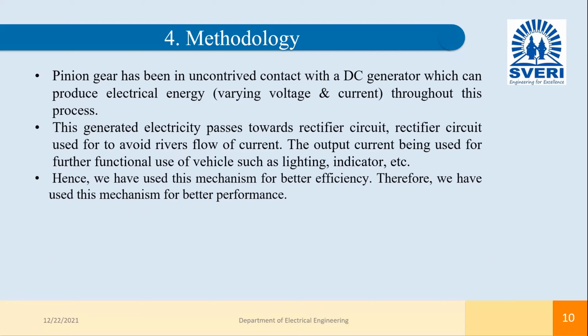The output current is used for further functional uses of vehicles such as lighting, indicators, headlights, and tail lights. Hence, we have used this mechanism for better performance of the battery.